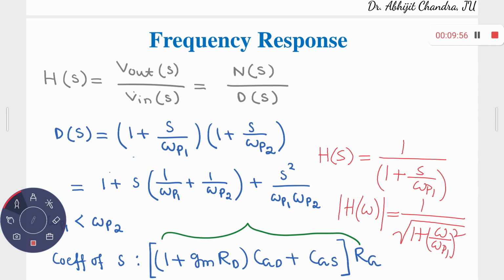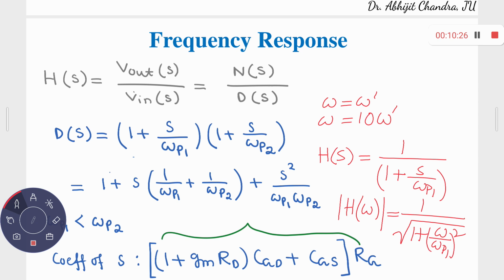That means what? Suppose initially your omega value is equal to some omega dash, and then omega becomes 10 omega dash. That means you have increased the frequency by 10 times. In fact, what happens to the corresponding transfer function? Minus 20 dB.